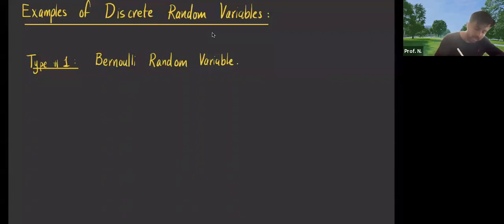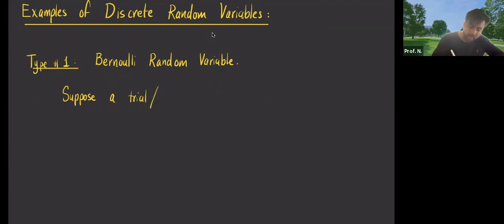So suppose a trial. Remember, we talked about experiments. We usually use the word trial or experiment to represent a problem in probability.